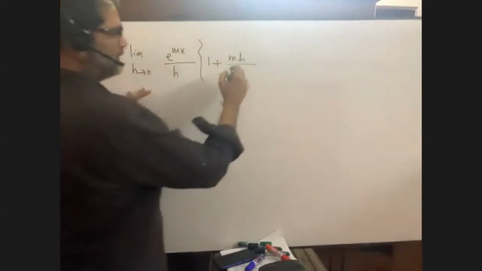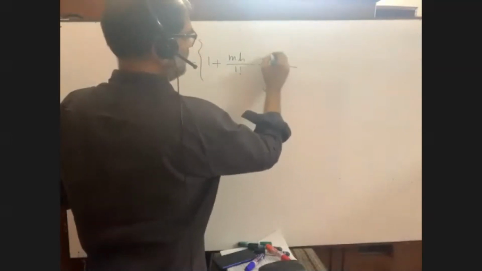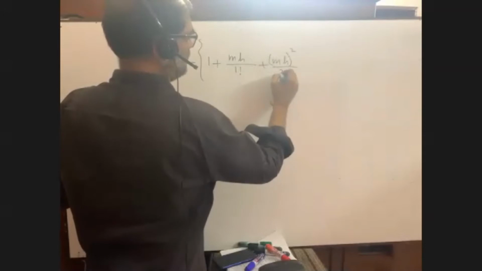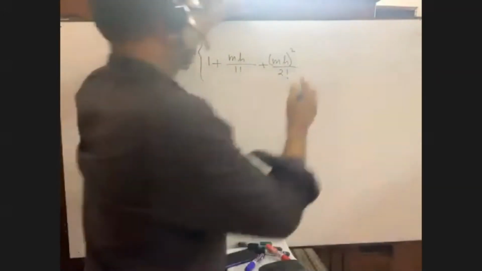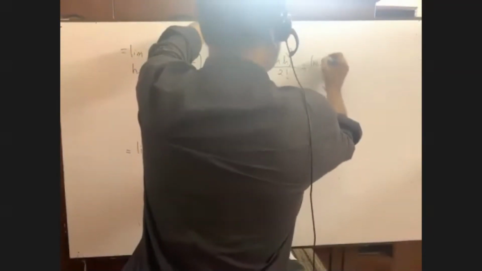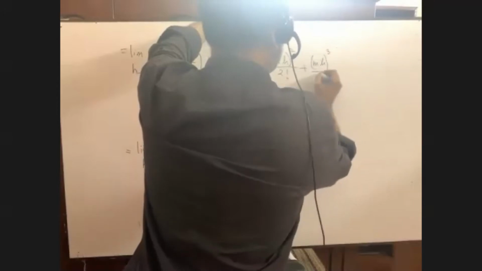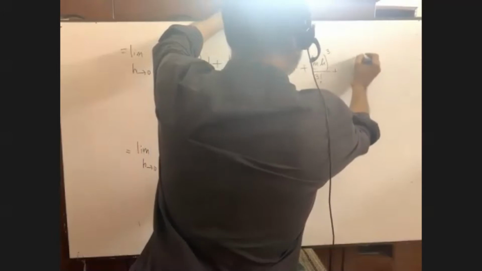Then plus m squared h squared by two factorial, right? Then plus m cubed h cubed by three factorial. Is it?